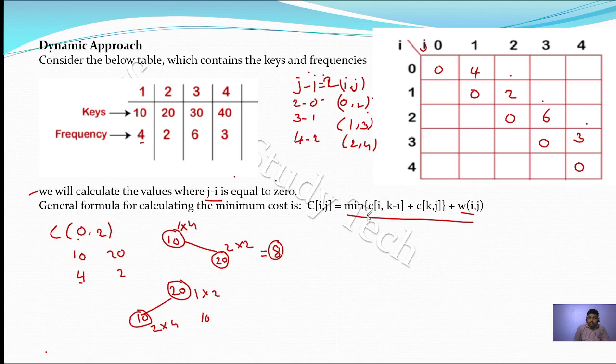Without using the formula we can calculate directly. If the number of keys is 2 or 3, we can simply calculate directly. Here 8 is the minimum, so you can note down 8 here. Which key can you consider as the root? 10.